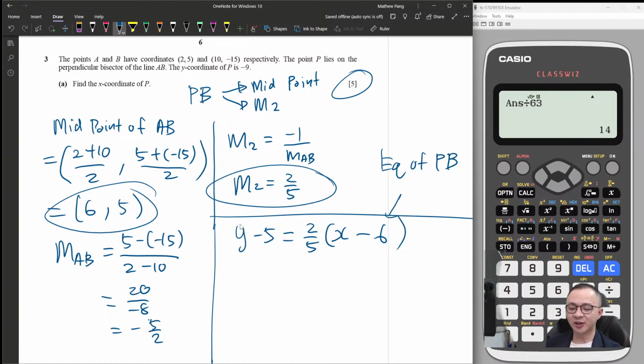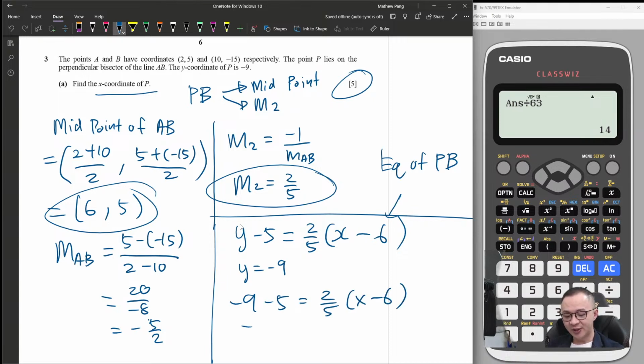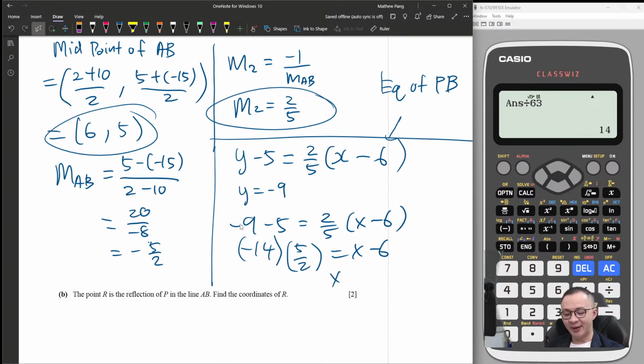Now after I got the equation of perpendicular bisector, the question asks me what is the x when the y coordinate is -9. So y is -9. So -9 minus 5 equals to 2 over 5, x minus 6. So this is -14. 2 over 5 move to the other side, become 5 over 2 equals to x minus 6. Then I can easily get my x, right?